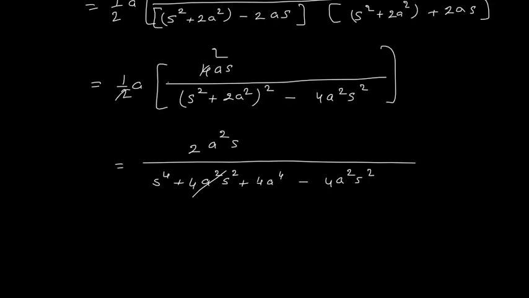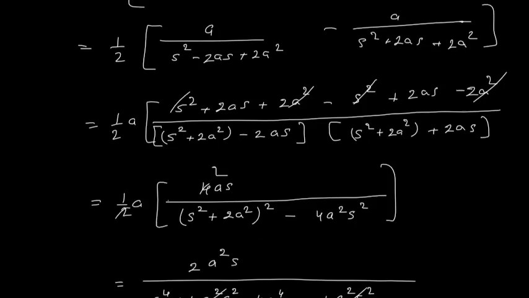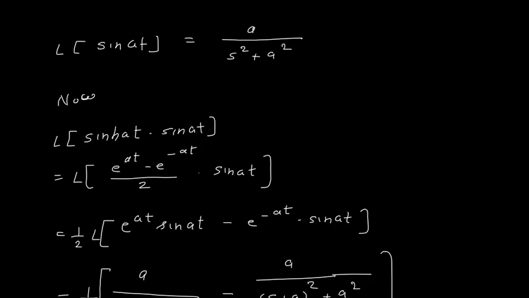So plus 4a square s square minus 4a square s square will cancel, and here I have 2a square s divided by s power 4 plus 4a power 4. This is my result for the problem Laplace of sine hyperbolic at into sine at.